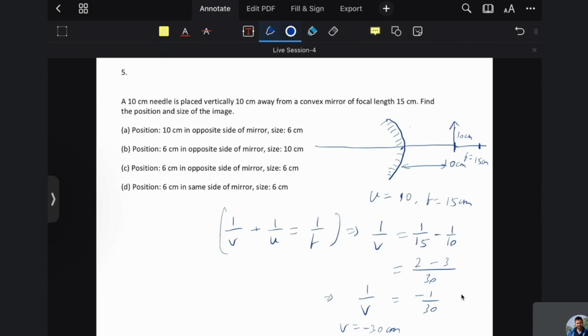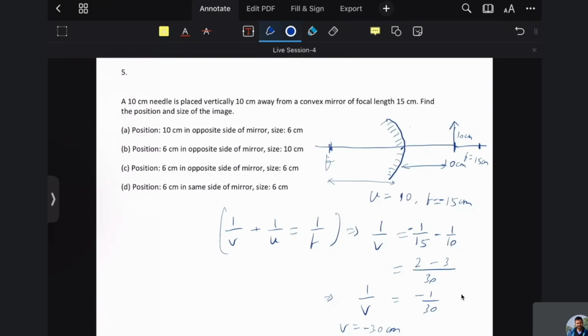This focal length will be negative. Tell me why. Because of sign convention rules. Yeah, focal length is always measured this side, right? This is the focal length. Yes, sir. So that's why this will be negative.